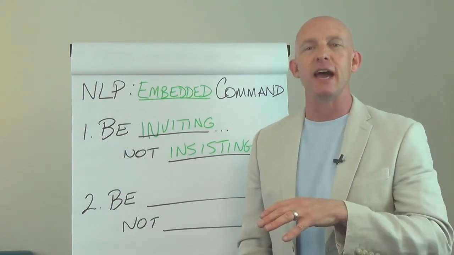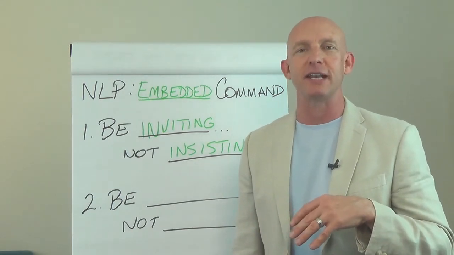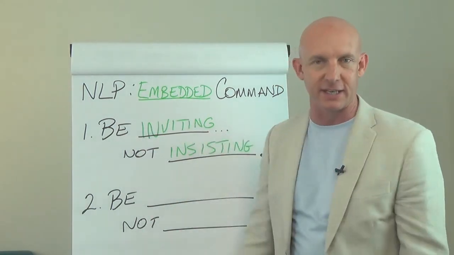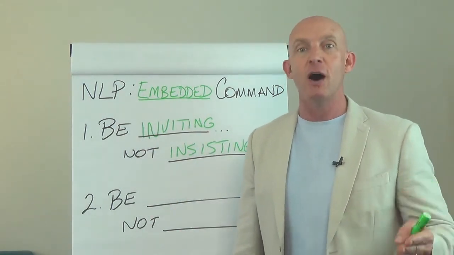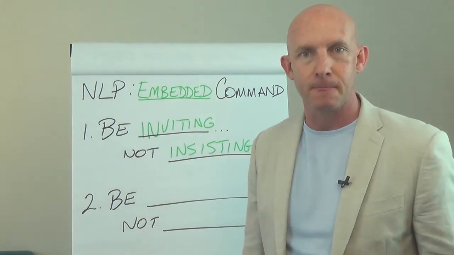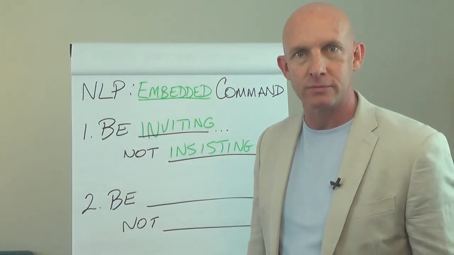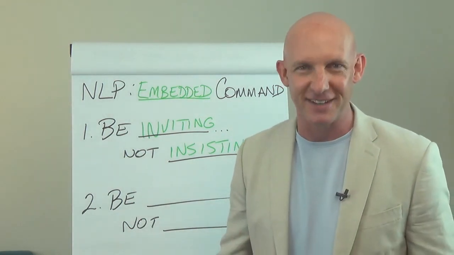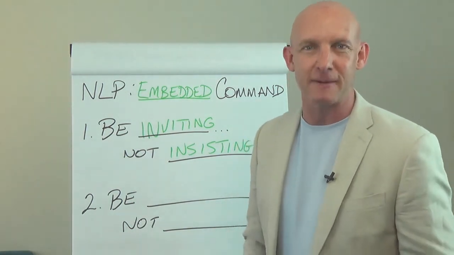Now here would be a way to use an NLP embedded command in a way that is threatening or insisting. Do you want to come over to my house for dinner? That would be an insistent, threatening command.